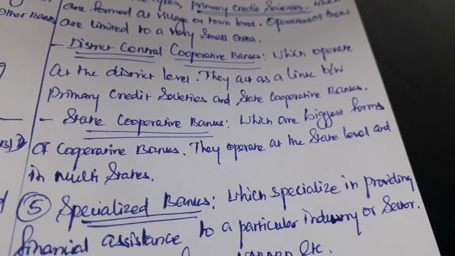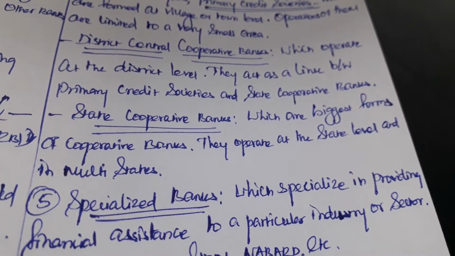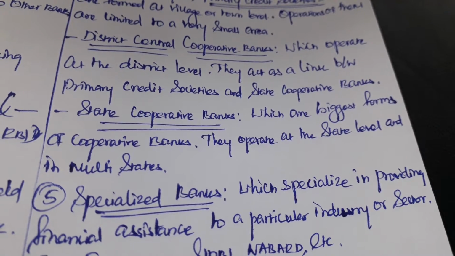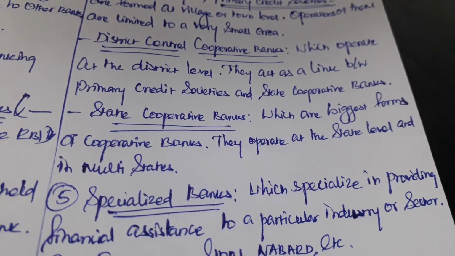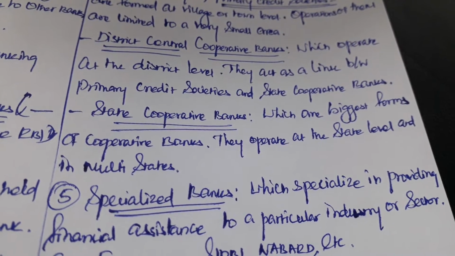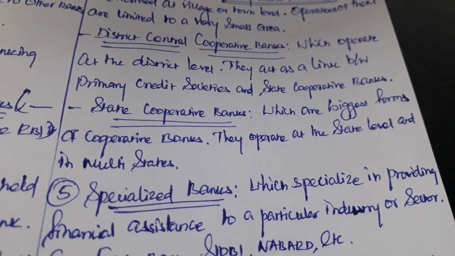They operate at the state level and in multi-states. Two or more states have one state cooperative bank. It is the largest form of cooperative banks.